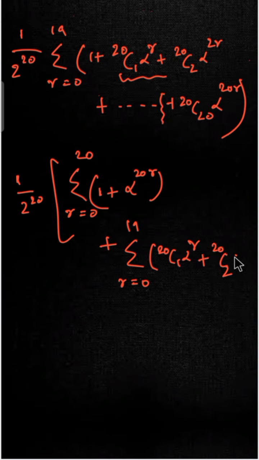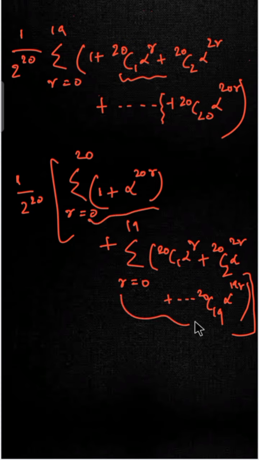I'll let you know the significance of writing in that way. 20c1 alpha power r plus 20c2 alpha power 2r plus so on, 20c19 alpha power 19r. Here we close this bracket. So this is the expansion. This is one bracket and this is another bracket.